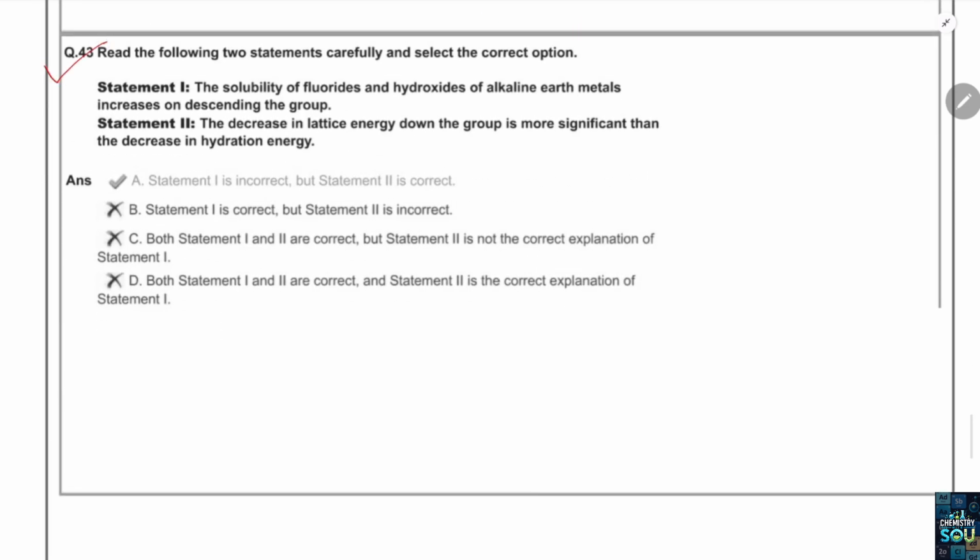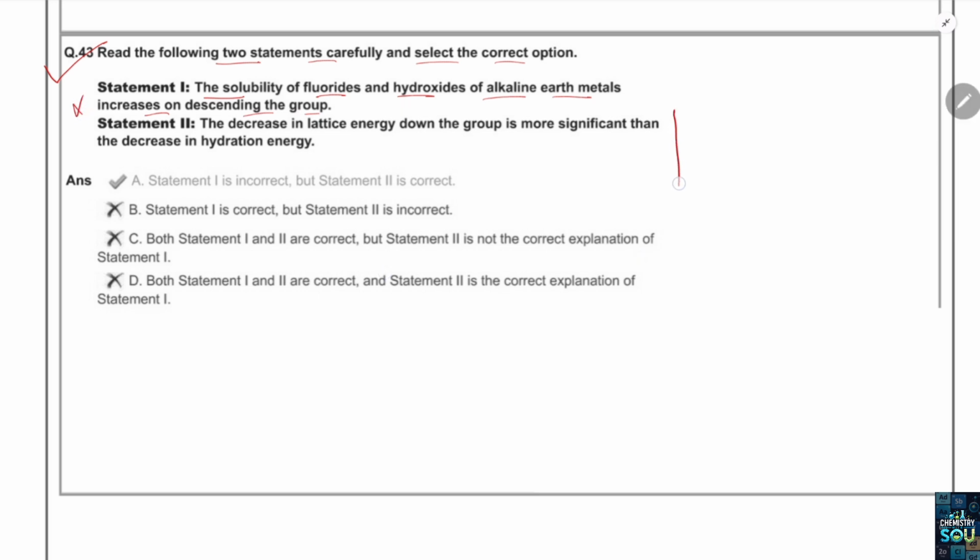In question number 43, read the following two statements carefully and select the correct option. The solubility of the fluorides and hydroxides of alkaline earth metals increases on going down the group. Let's analyze the first statement. The first statement is actually wrong. Why?